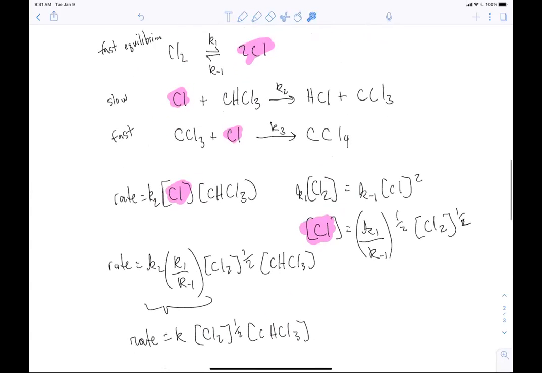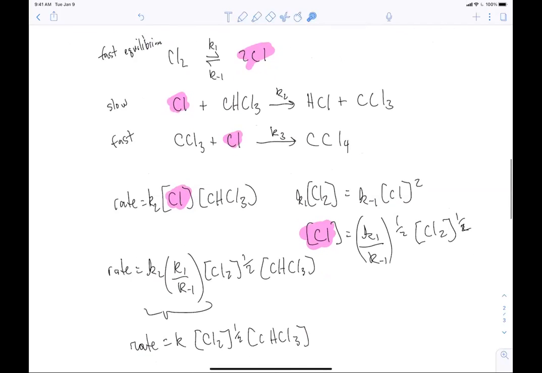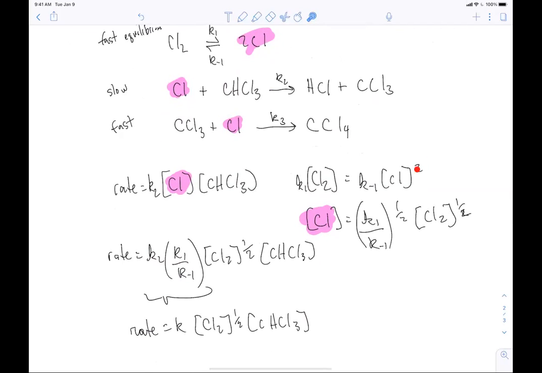So that's at least one reason why you always write the rate law out in terms of the products and reactants. The square root comes from, where did I even go through that? I think I just skipped ahead, but this is squared. After I do all my algebra, I bring K1 over K minus 1 over here, and I have to just take the square root of everything on that side.